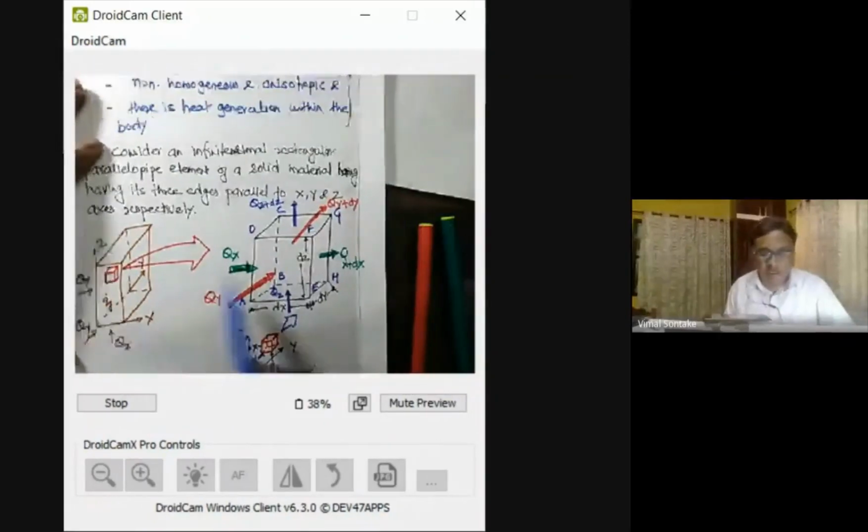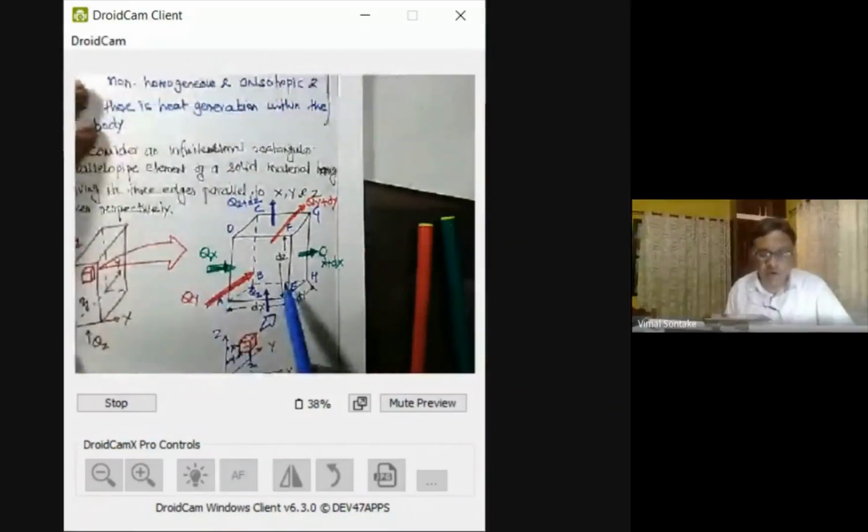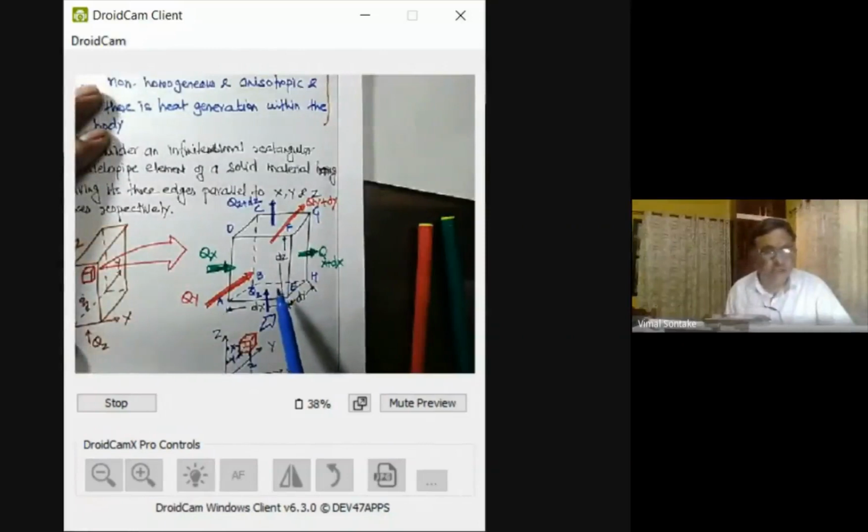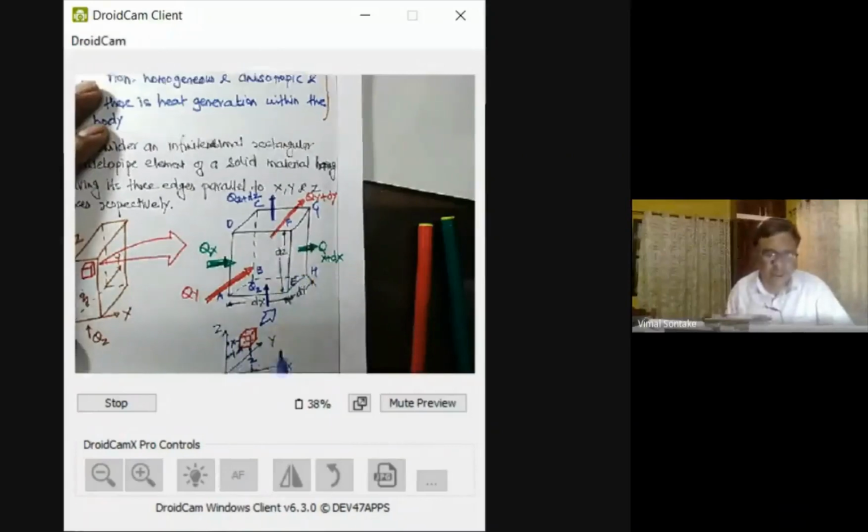And this is the diagram of the elemental volume in enlarged dimensions. Okay, so the heat transfer taking place into or out of the element in all three possible directions are represented here.